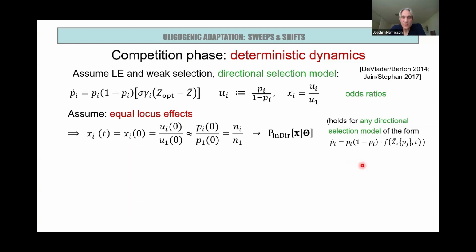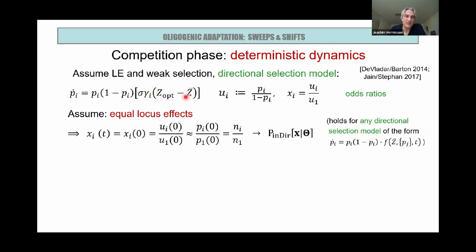And it's just a side remark, right? This does not only hold for this specific model here, but you could have any other form of time-dependent selection here, as long as you have this simple form, so that for this selection part, for equal loci, the factor is the same for everybody.